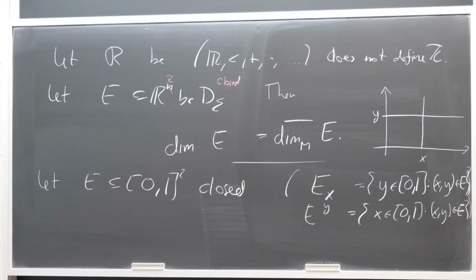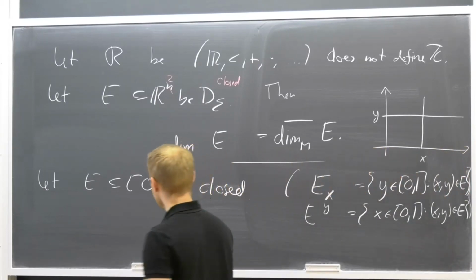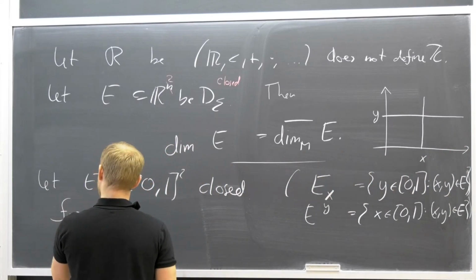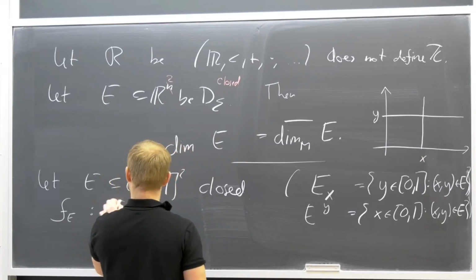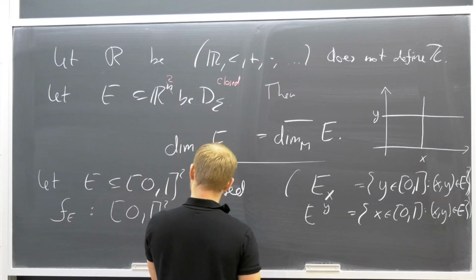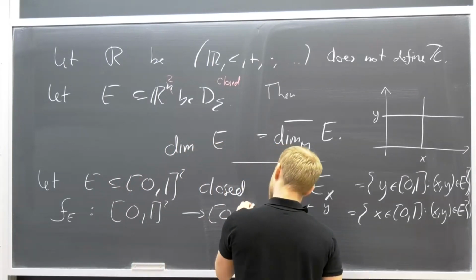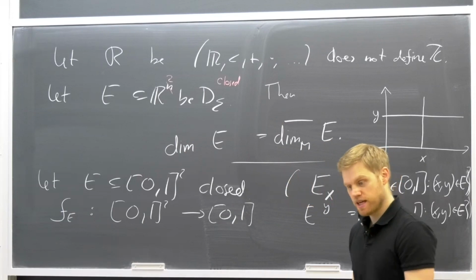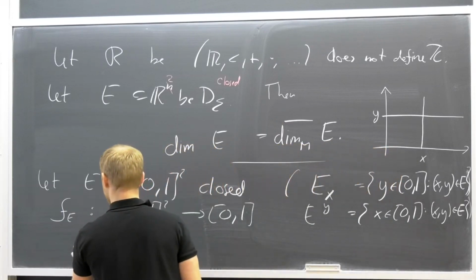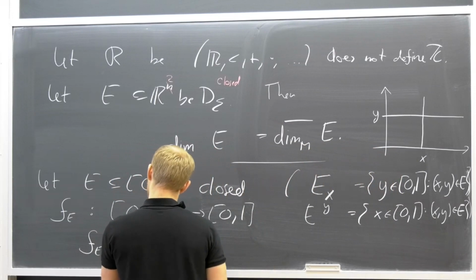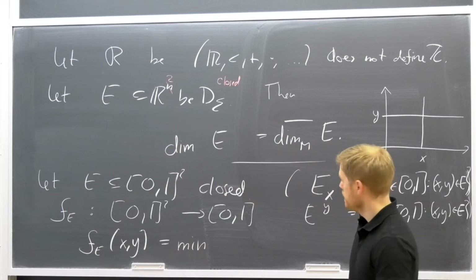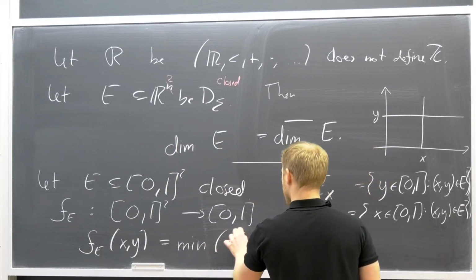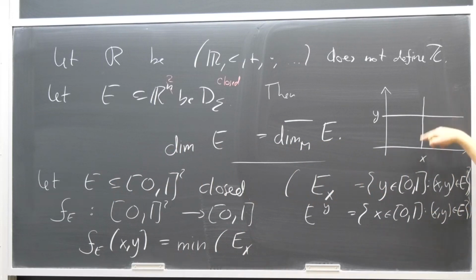Okay, and then the function that I defined last time was this f sub E, and this really went from 0, 1 squared to 0, 1, and that picked for every x and y the minimum in this fiber over x such that it lies above y.